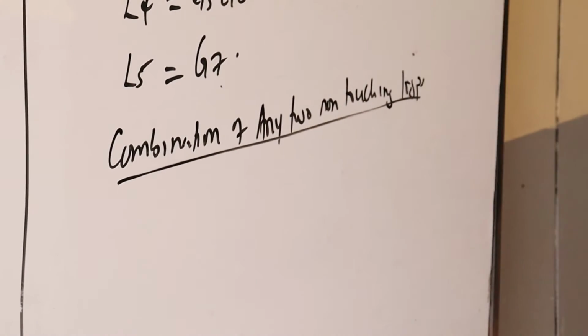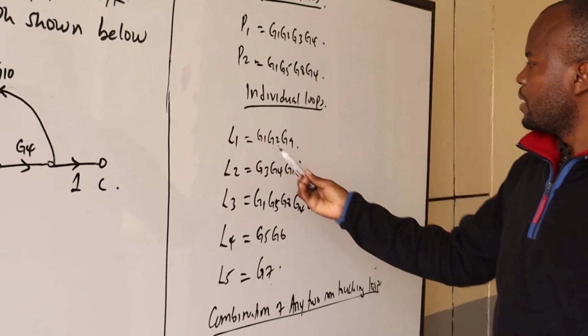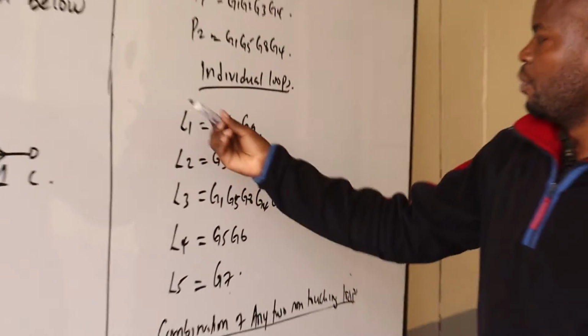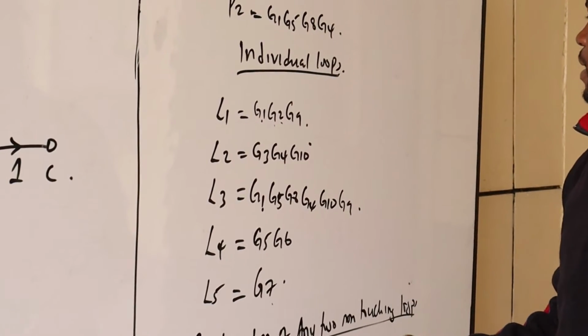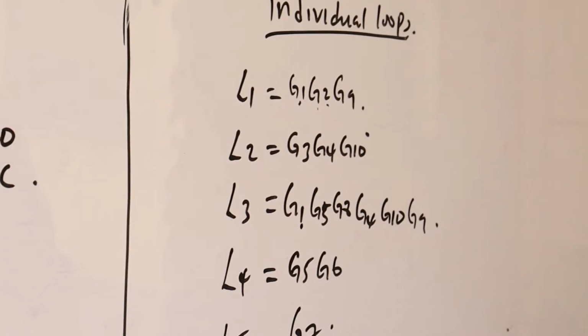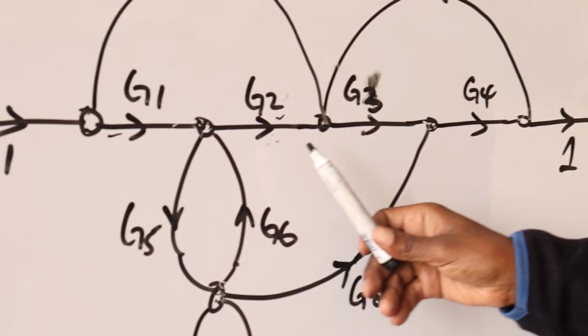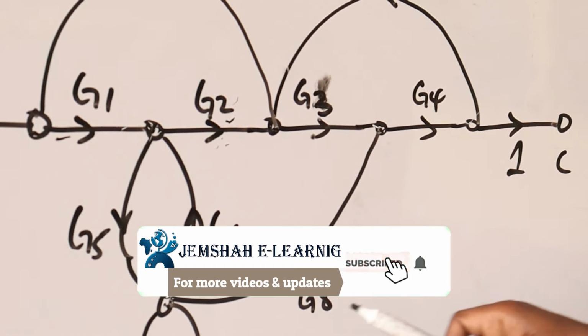So you look at these loops. You can see that we can look at all the loops together. G1, we've realized that, of course, there is G1 here, so there is something that they share. So then we have another loop, G1, G2, G9, and then we can talk of G5, G6.